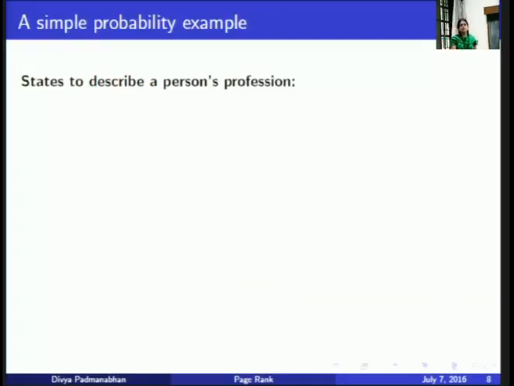Now I'm switching to an example in probability, which would be needed for understanding PageRank. Assume that I'm interested in studying what people do for a living, or how they spend their time. Assume that I use some set of states to denote this information.